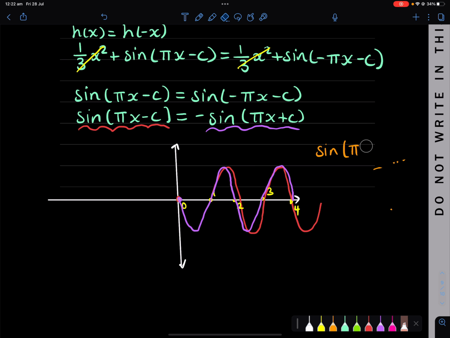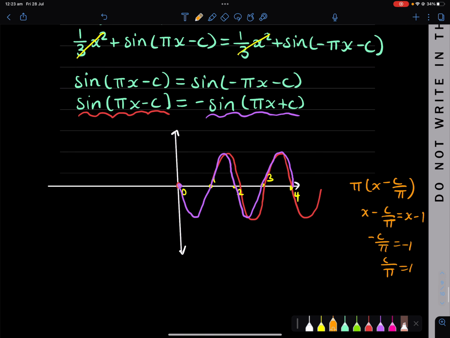That's good. So we take that pi here, x minus c over pi. When we rotated it to the right, we said x minus 1. So this will be negative c over pi, negative 1. So c over pi is 1. So c equals pi. So our c value is pi.